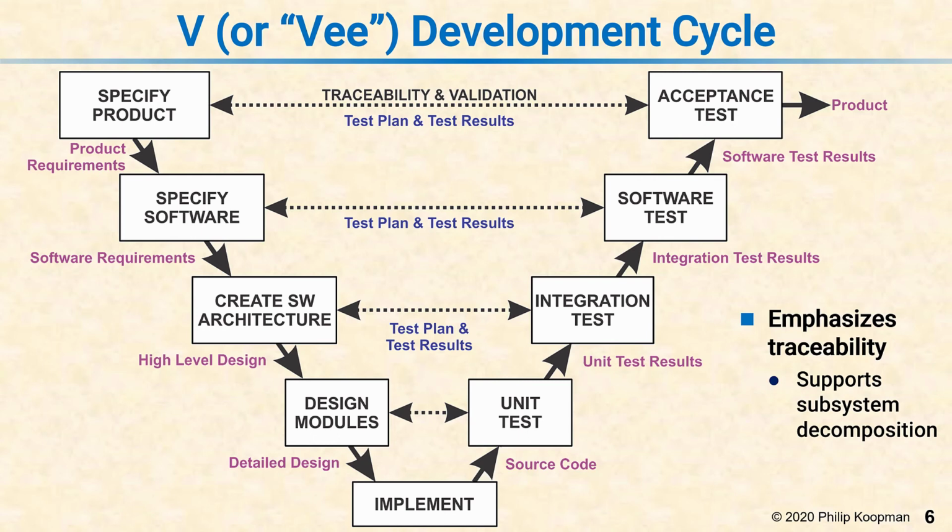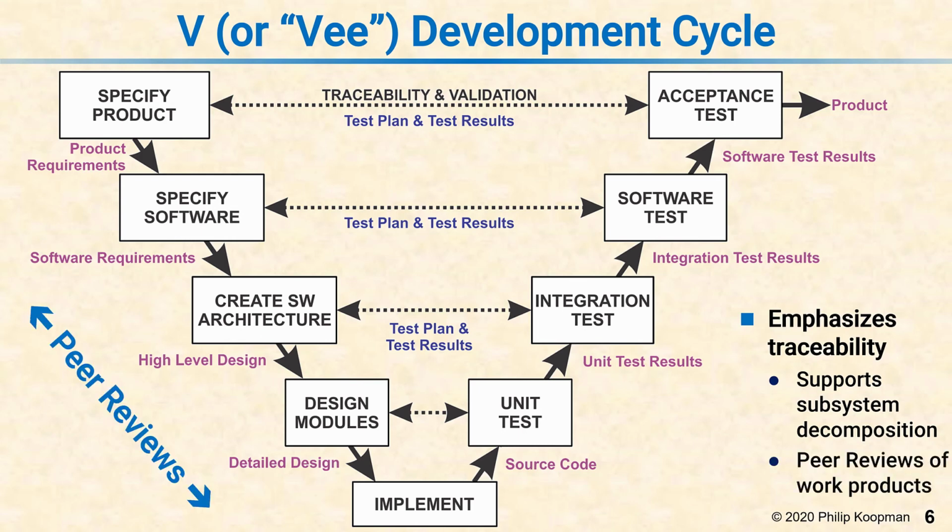This way of looking at the development cycle emphasizes traceability and emphasizes saying, okay, well, you said you were going to do something, did you really do it? The said you're going to do something is on the left side of the V, did you really do it is on the right side. Peer reviews of all work products happen, so everything that is a work product and output, for example, software requirements or detailed design or source code, all those things are subject to peer review as an extra quality check.